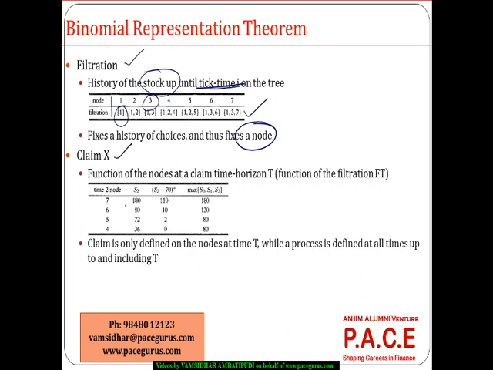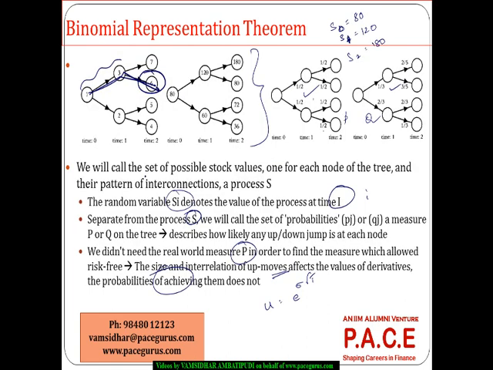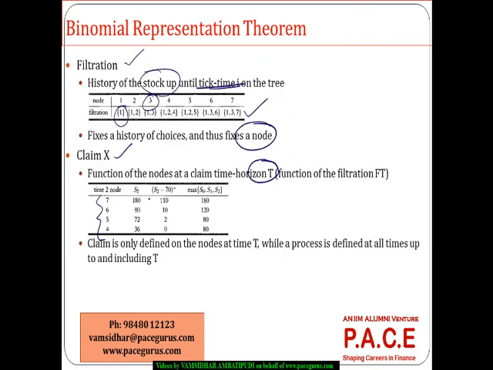Then if I have to define the word claim, it's a function of the nodes at a claim time horizon t. At time horizon t, if I am looking at these four, the prices at nodes 4, 5, 6, 7 are 180, 80, 72, 36. Now when I say the claim is anything above 70, that is max of the price at time period 2 minus 70, comma 0.